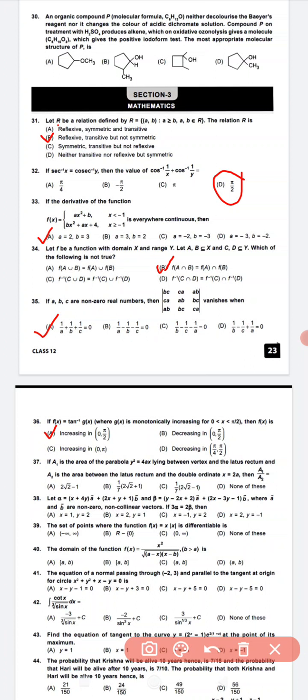Which one do you think is the correct answer option? In case of question 37, the correct answer option is B.